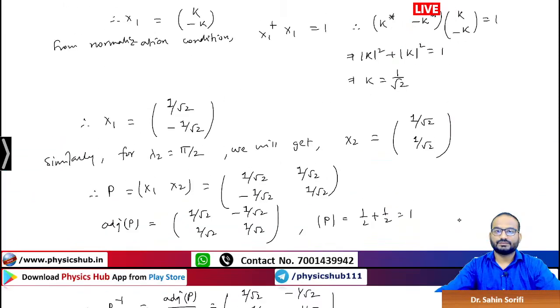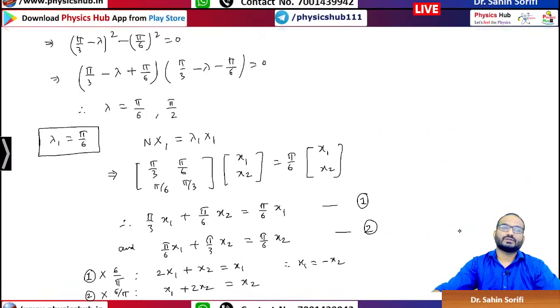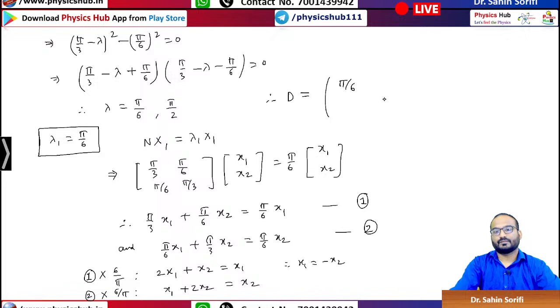D we have got here. We can find out D by writing the eigenvalues on the diagonal elements: pi by 6, 0, 0, pi by 2.